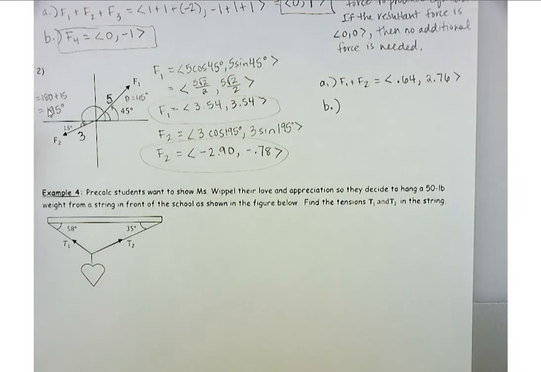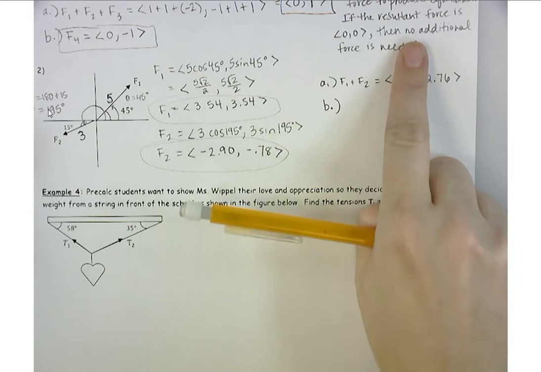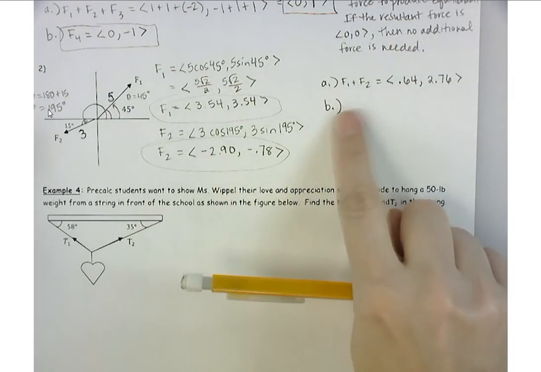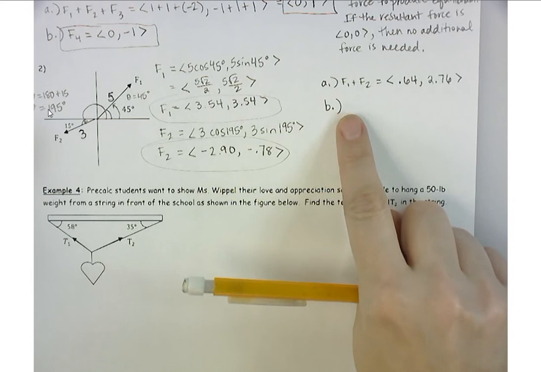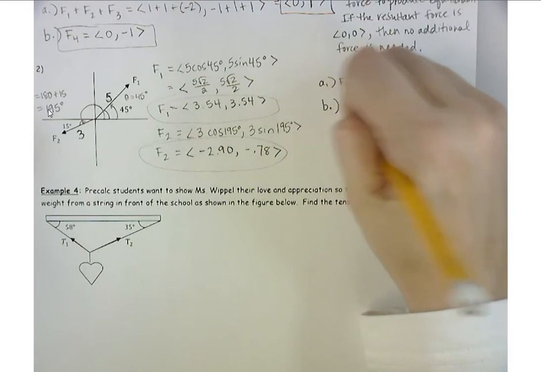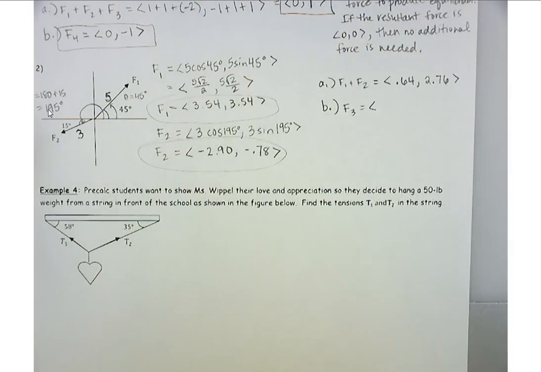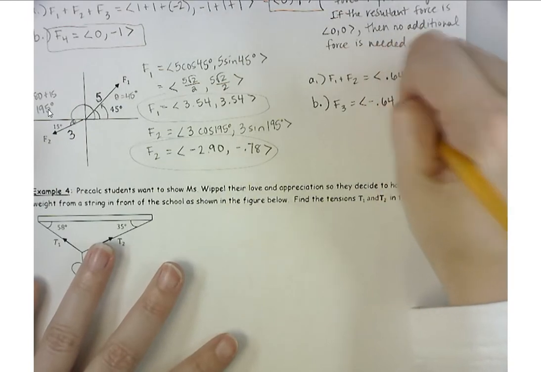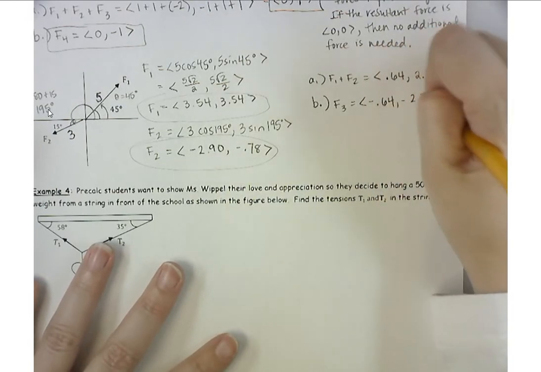Yes. Okay, if we didn't, we would just write no additional force needed. But we do. So what are we going to call this additional force? F sub 3. Okay, and then Colin, what's F sub 3 going to be? Good. Okay, so you always want to do the opposite.